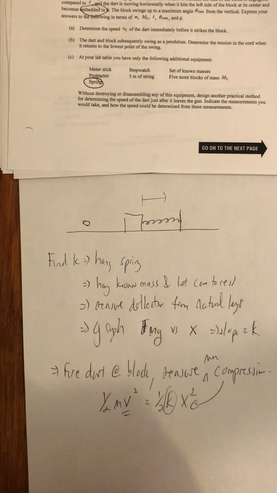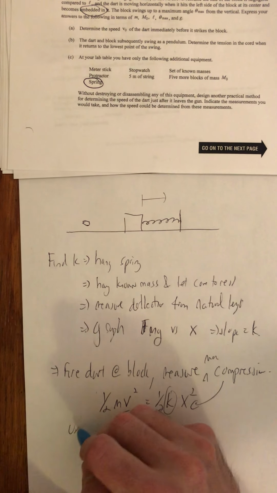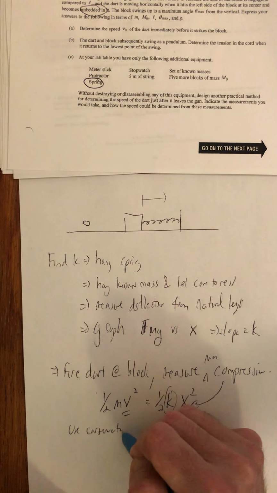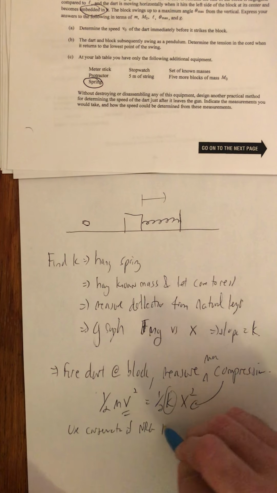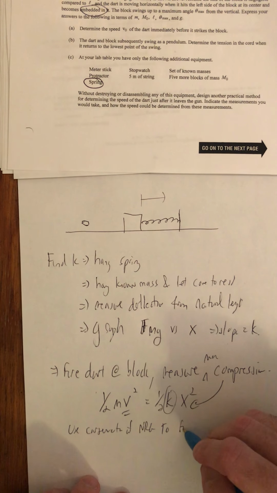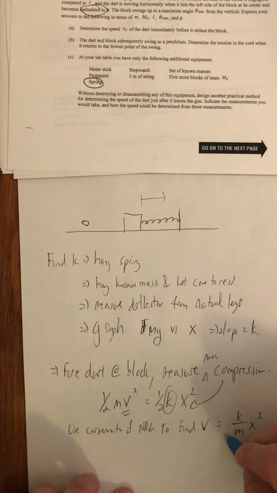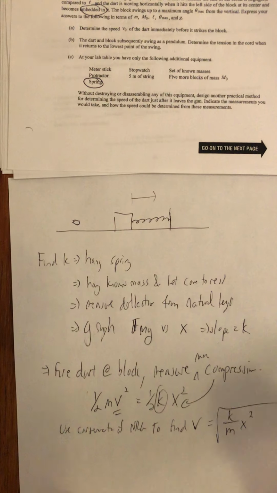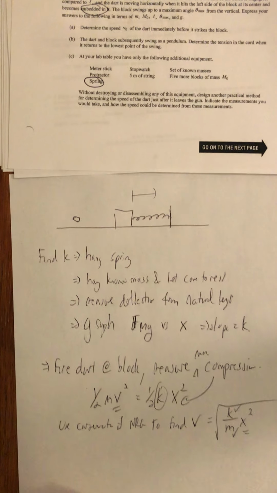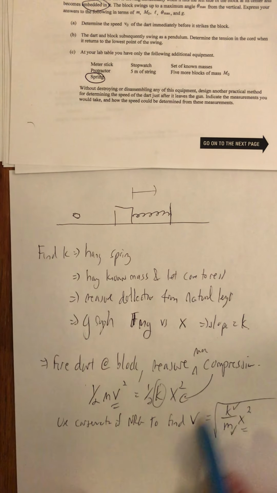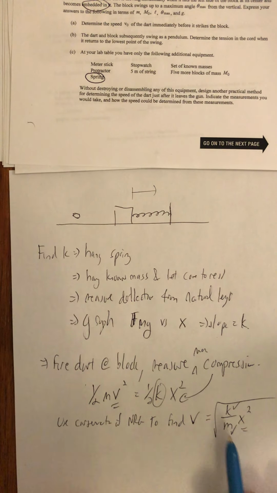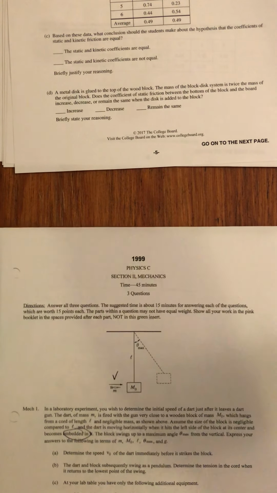We probably have to say here, measure compression, use conservation of energy to find v, which is going to equal the square root of k over m times x squared. We now know k, and x is what we're measuring. So there we go. Developing an equation for what I'm looking for, and then figuring out a way to do it. I'm sure there are other ways of doing it, but that's my way of doing this problem.